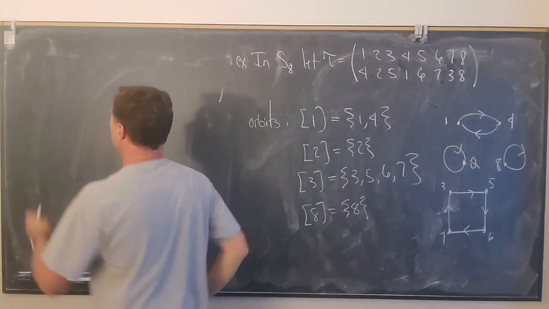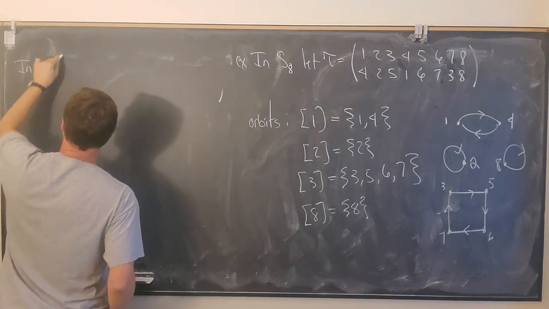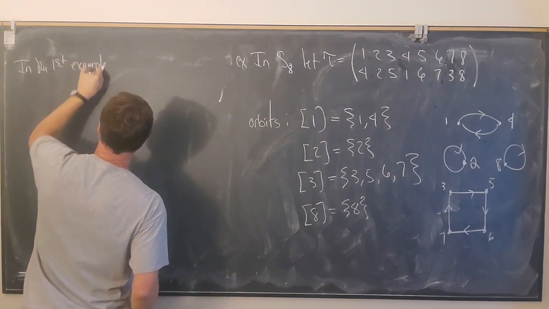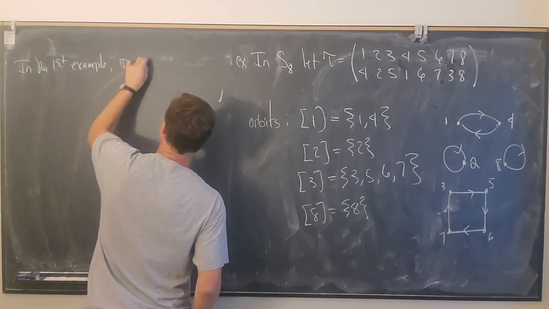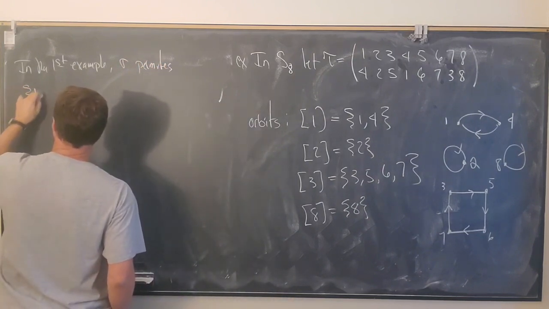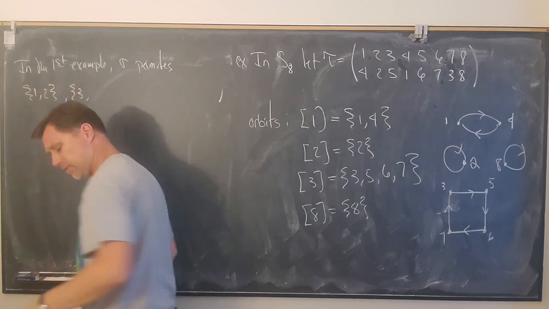So yeah, let's say that in the first example, sigma permutes the sets 1 and 2 and 3, was it 3, 5, and 6?